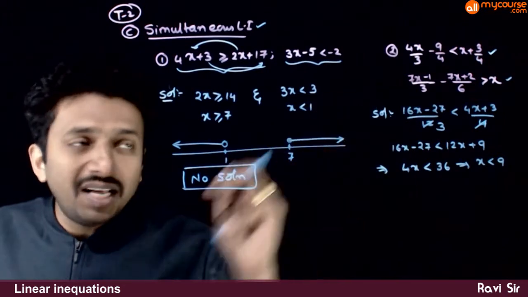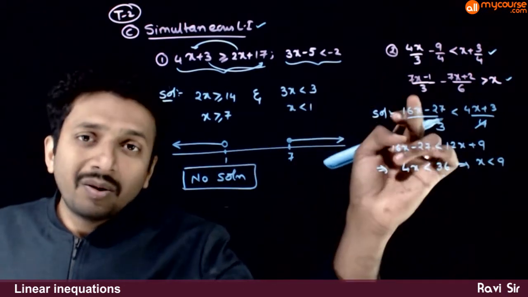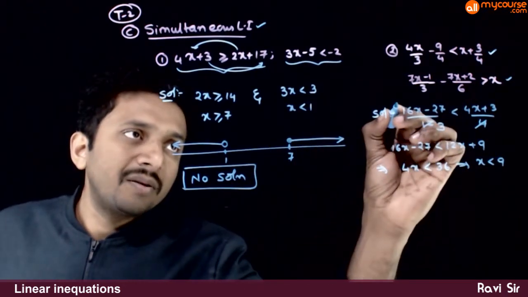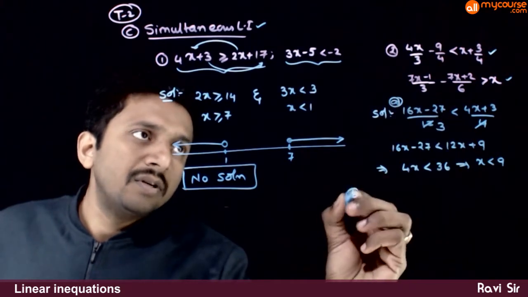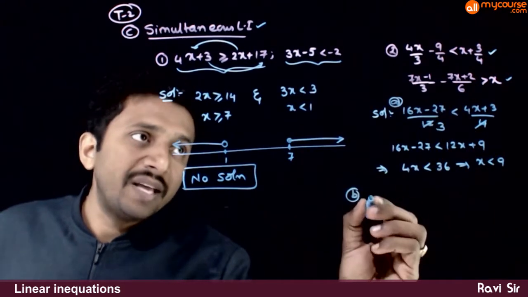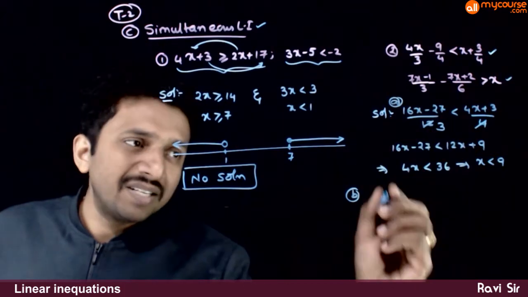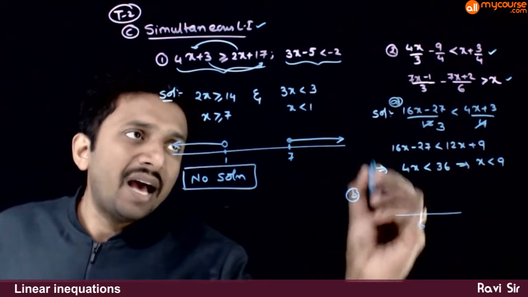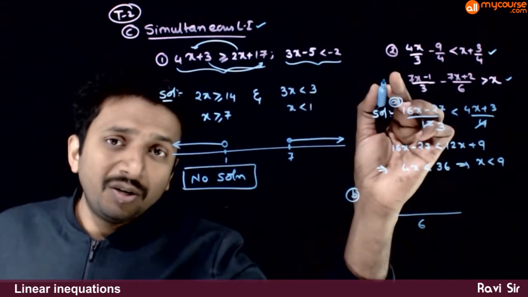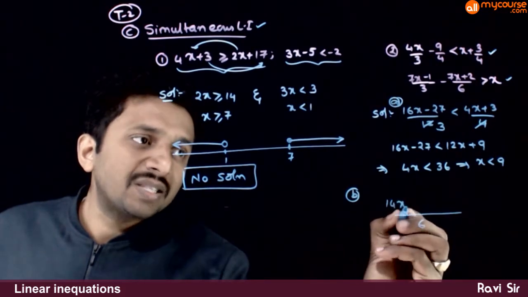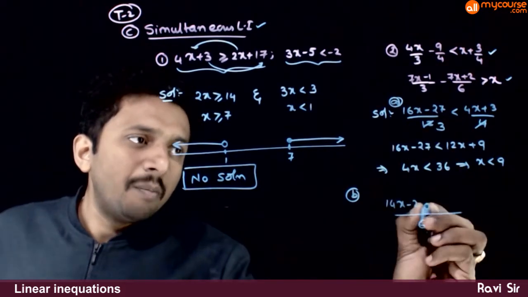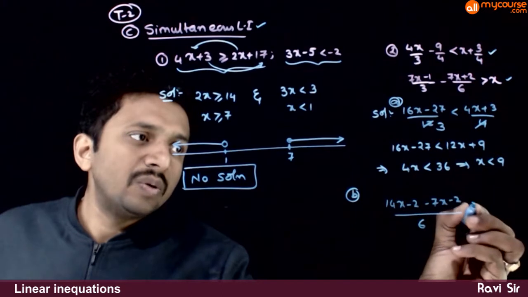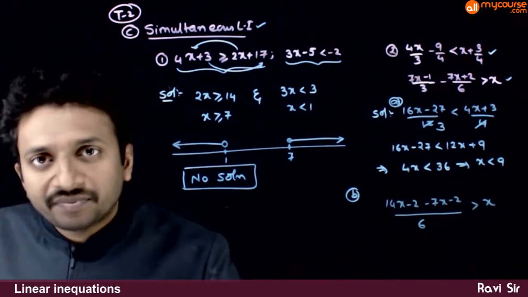Now let's go to the second inequation. Here also I am doing the cross multiplication. So I'll take the LCM as 6. You just need to multiply the numerator with 2. So 14x minus 2 minus 7x minus 2 is greater than x.